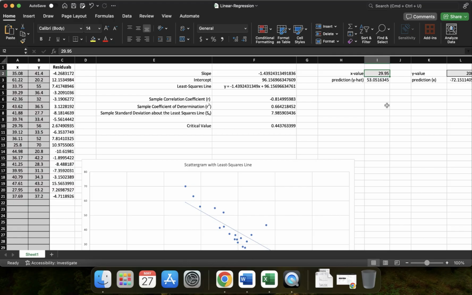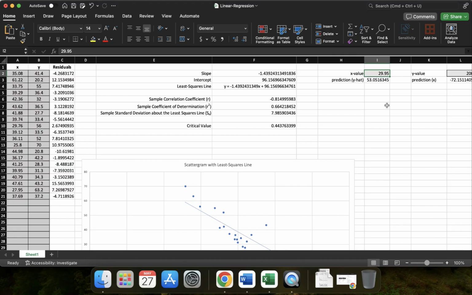So it's predicting just about 53 degrees. Let's put that 53 degrees Fahrenheit. Okay, now did we extrapolate or did we interpolate?